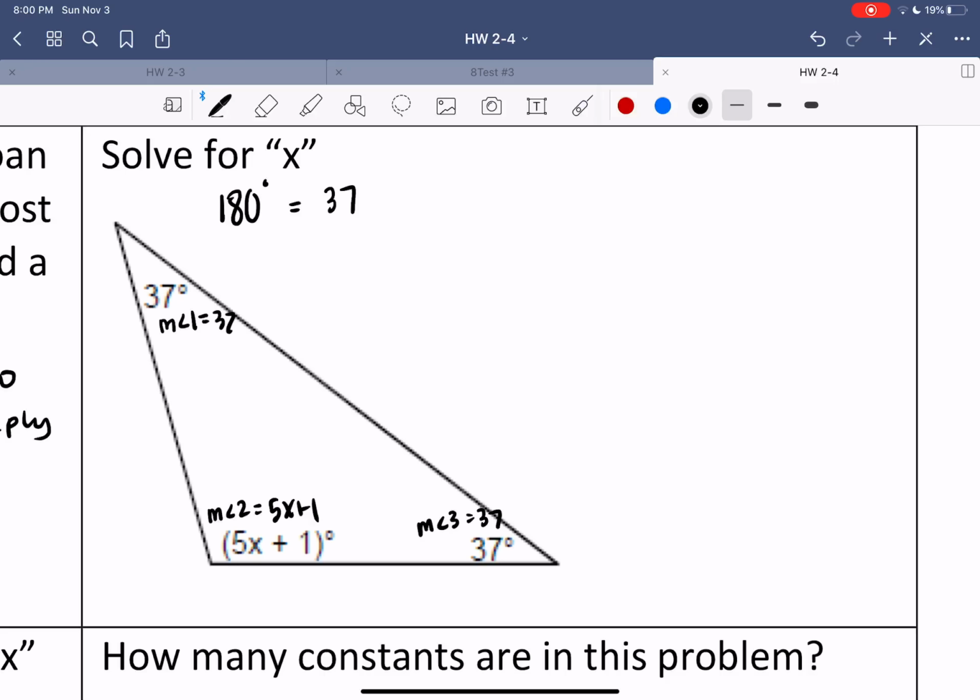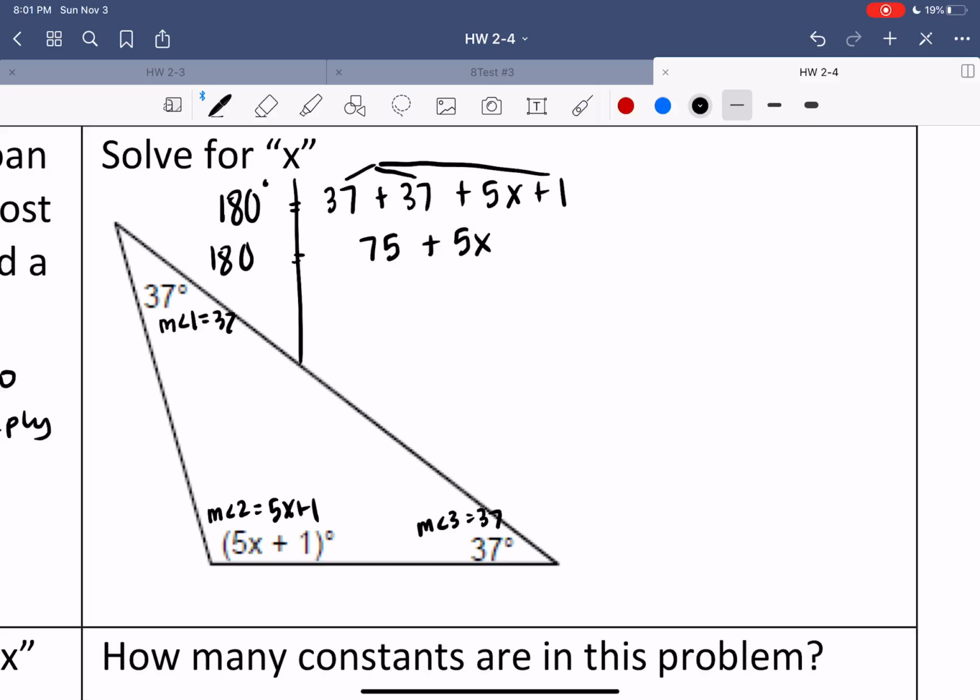So 37 plus 37 plus 5x plus 1. Then we just have our equation where we can combine our like terms, and once we combine our like terms, we will have 75 plus 5x equals 180 degrees.